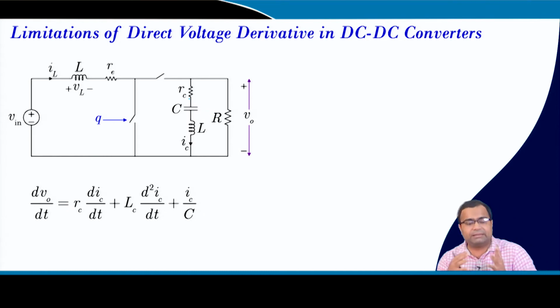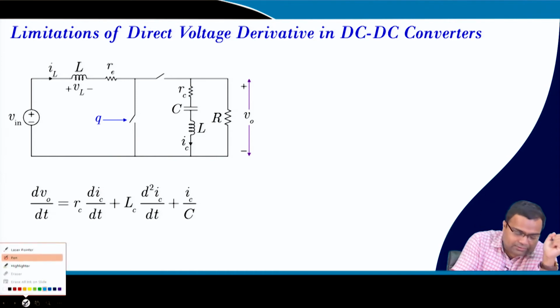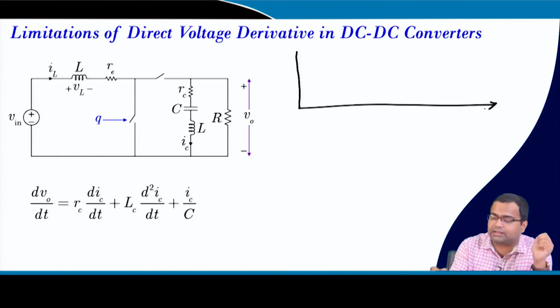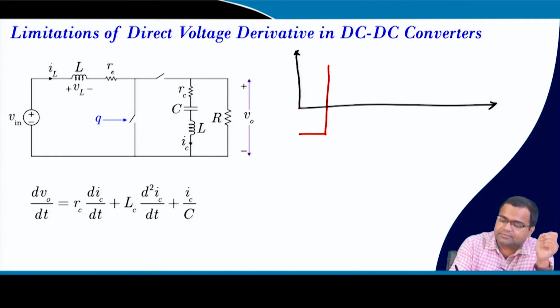Now, for a boost converter the situation is even more dangerous. I will first draw the capacitor current diagram rather than the inductor current. In a boost converter, the capacitor current will have a negative current, then it will have this kind of current.